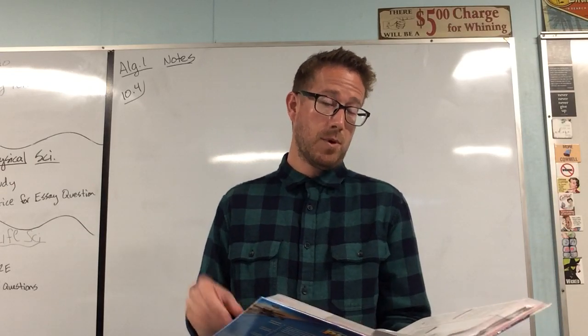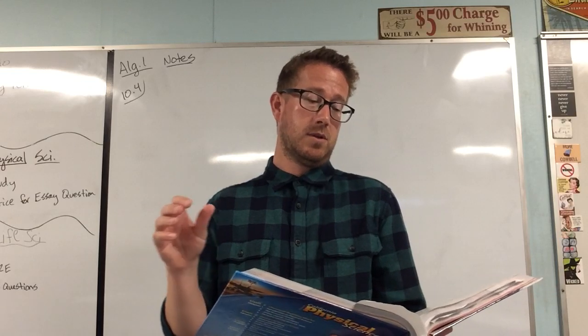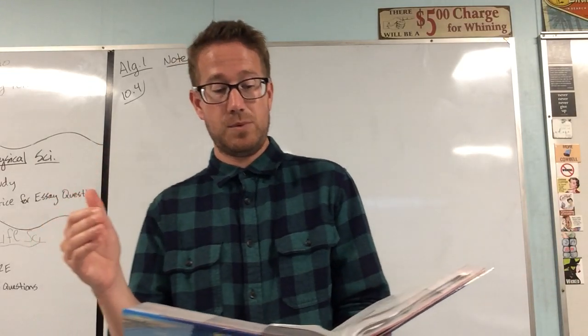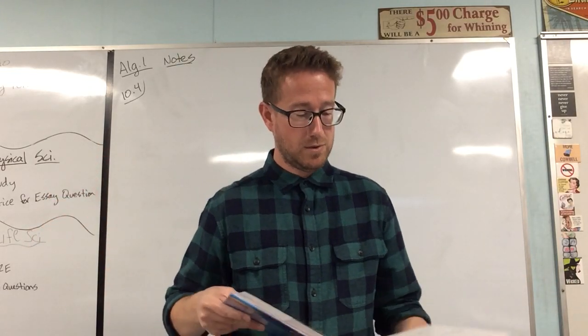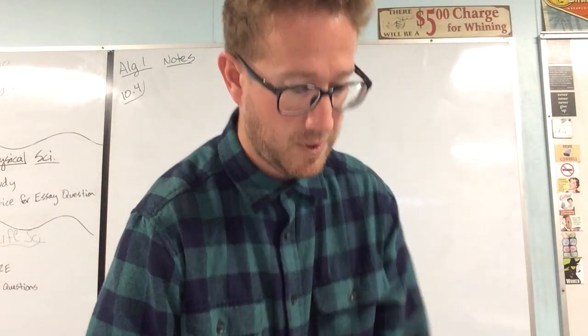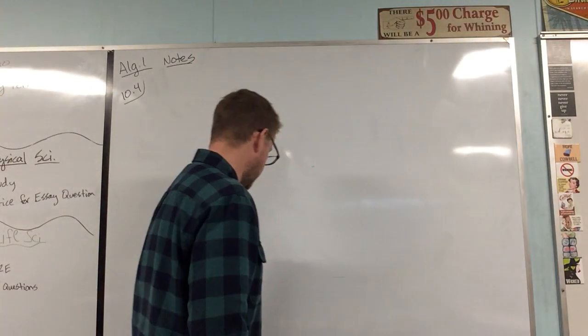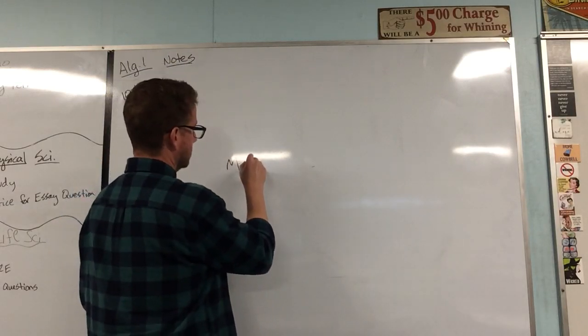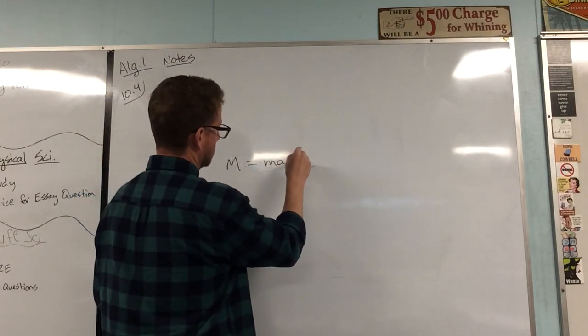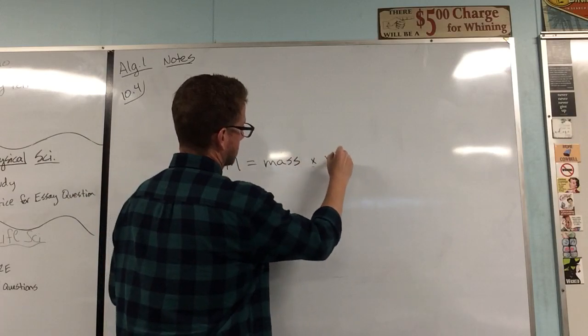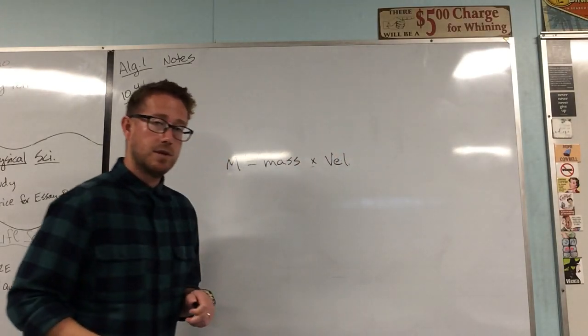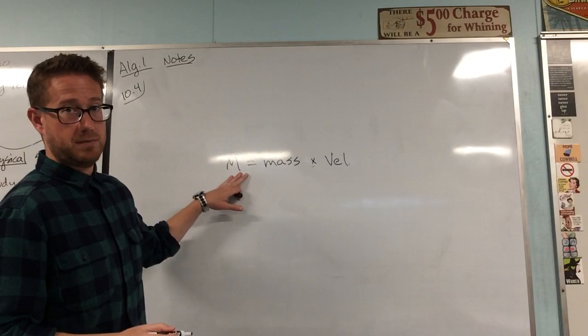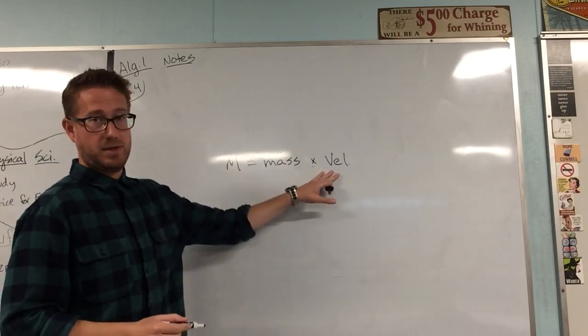You, remember, could also have to solve, for example, for velocity. So if we're talking about momentum, which equals mass times velocity, what I'm telling you here is I may have you solve for momentum, meaning I'll give you mass and velocity.